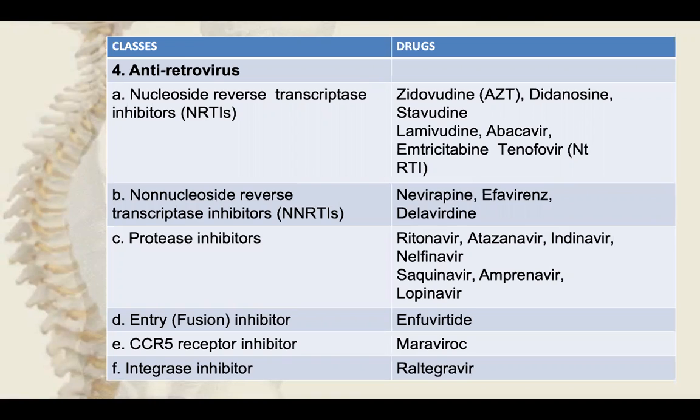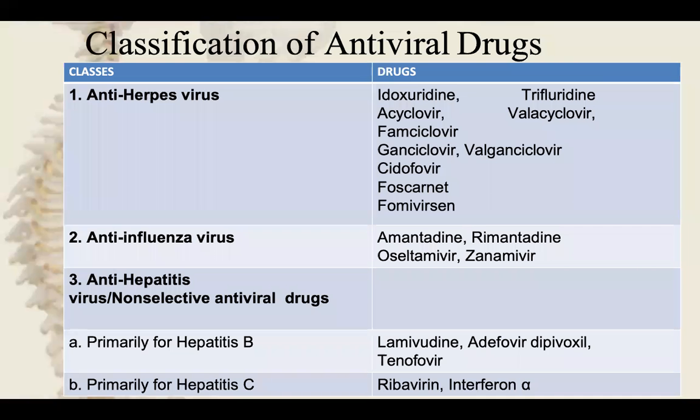Then fusion inhibitors, enfuvirtide, CCR5 receptor inhibitors, maraviroc, and integrase inhibitors, raltegravir. These drugs are mostly used where viruses erupt or are endemic, and these drugs are available.